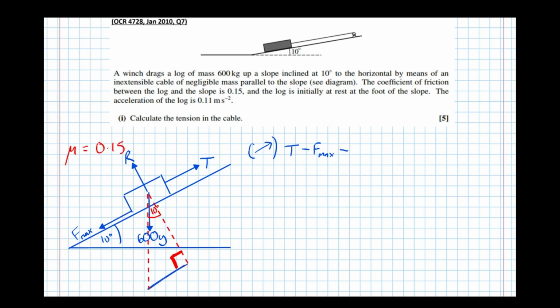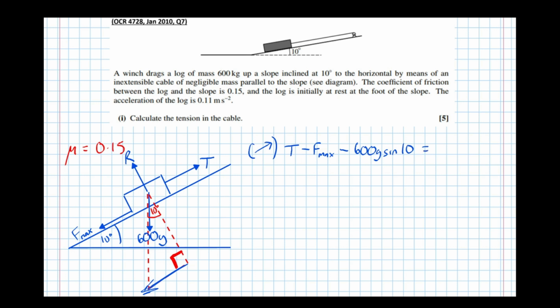Well, that's this component here. This is the component that acts down the slope. So it's opposite. So it's 600 g sine 10. And I wouldn't expect you to draw this triangle every time because it does deface the diagram a little bit. But just remember that the component of the weight down the slope is the weight sine of theta.